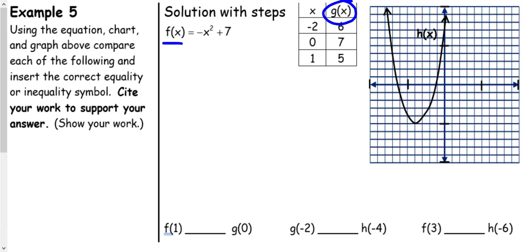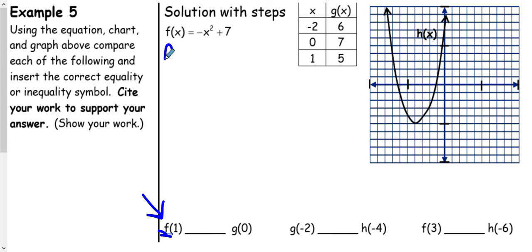Okay? So if we look at this first example down here, it says we're comparing f of 1 to g of 0. So f of 1, do I want to use f of x, g of x, or h of x? I want to use f of x because it has an f at the beginning.